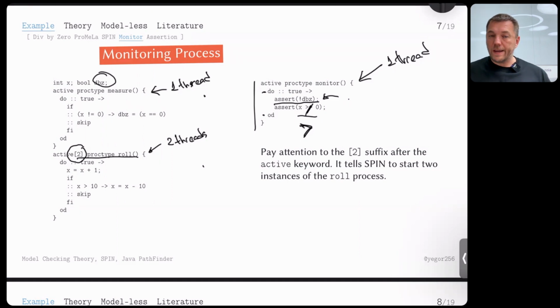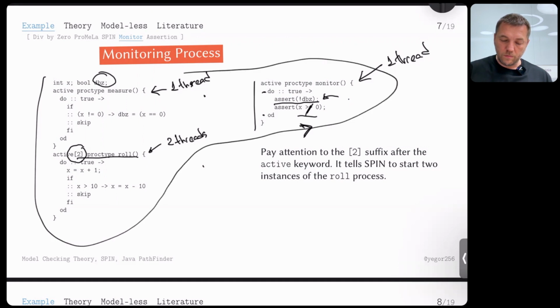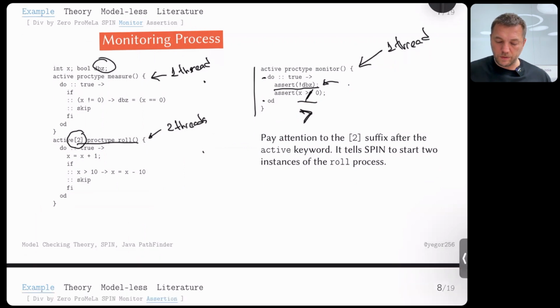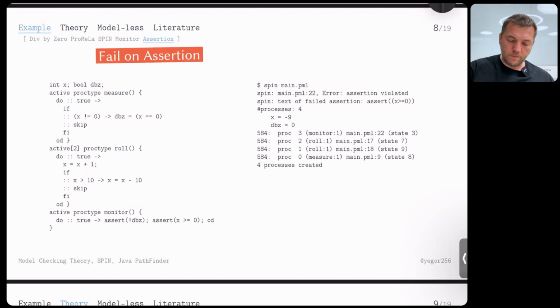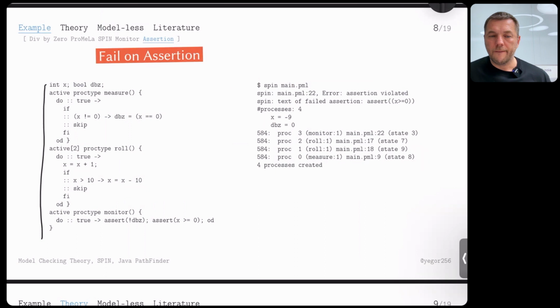So now we run it again. We take this program, now this is our program, and I give this program to the spin tool. Now let's see what the spin tool says. So again, this is my program. On the left, as you saw before, is a model.